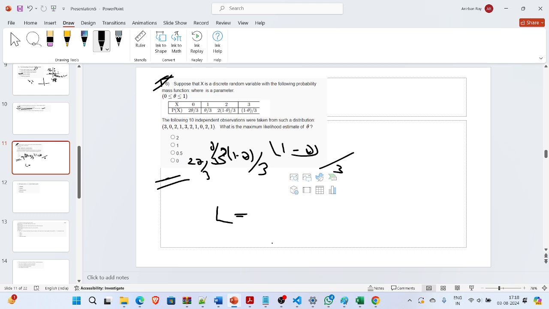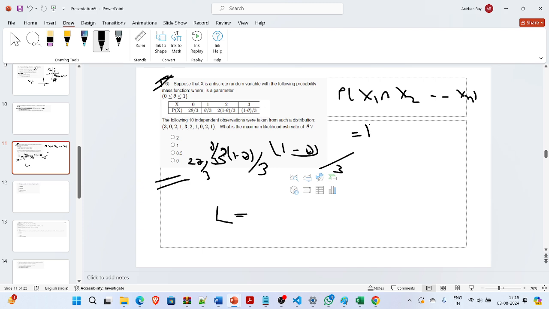So what happens in that case if probabilities are independent? Sir, I don't remember that exactly. No problem, that is why I am here.